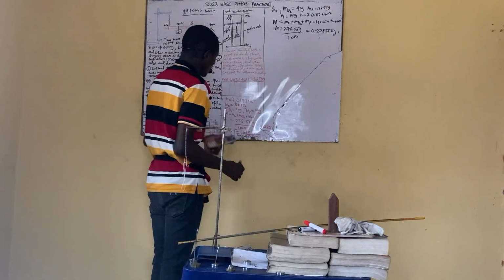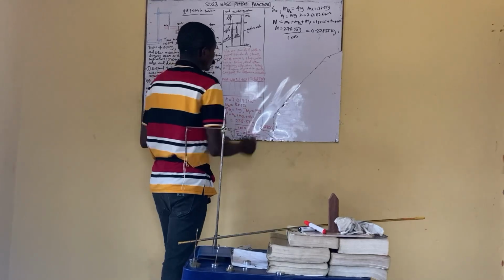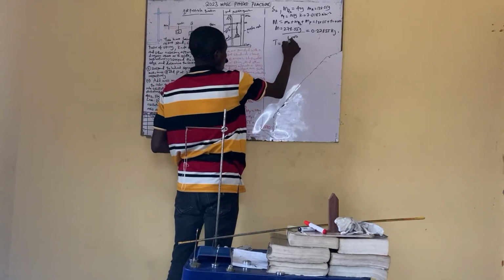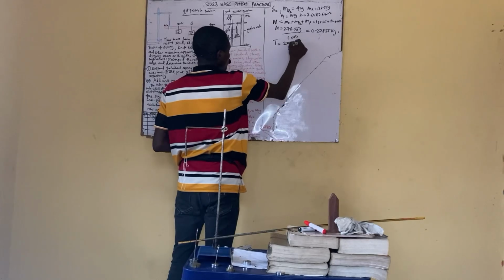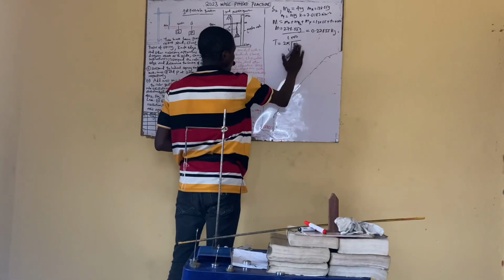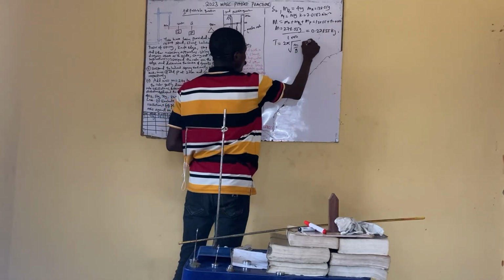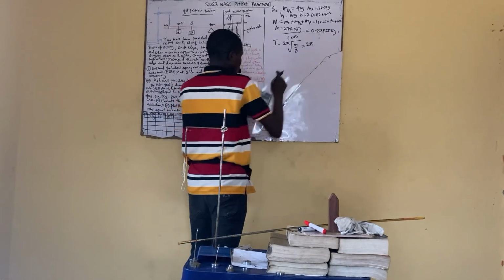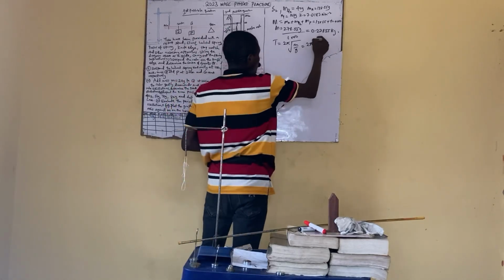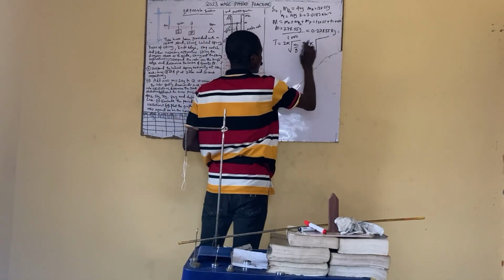So you now come here and say, okay, then our T is equal to 2 pi root M all over K. So 2 pi, just use your calculator. Then root, what's your M?